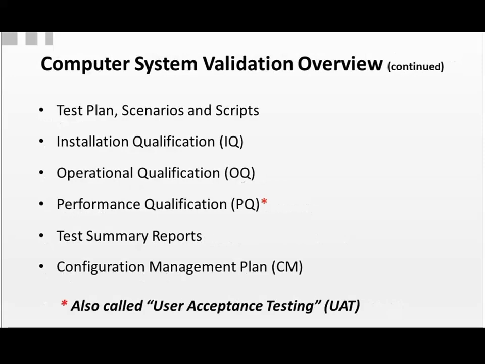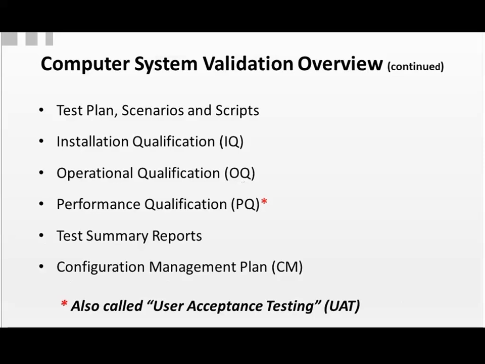You'll then go into testing, where you have a test protocol or plan for each of three phases of testing: the installation, operational, and performance qualification, IQ, OQ, and PQ. PQ is sometimes called user acceptance testing, or UAT. The test protocol should specify specific test cases and scenarios. How are you going to be using this system?